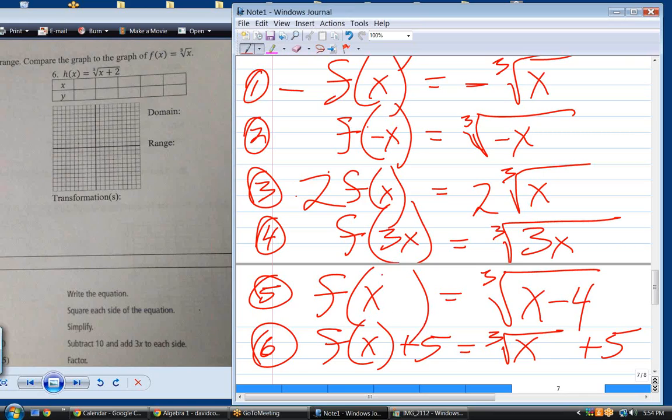If I wanted to know what f of x plus 2 is, I start with my function, and instead of writing x in there, I write x plus 2. So if I'm looking at this as the first step, I know to match it with number 5. And number 5 is a horizontal shift to the left by 2 units.